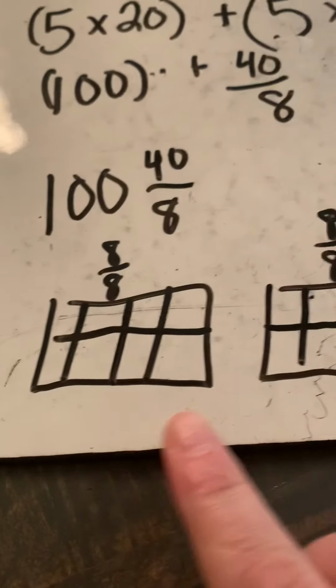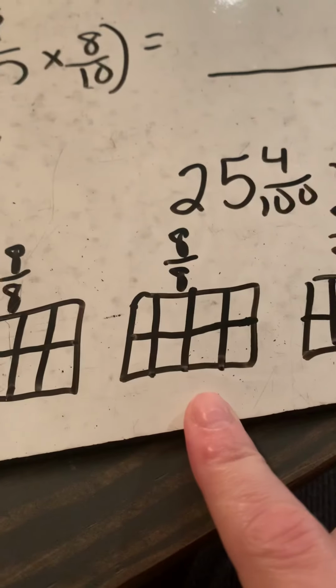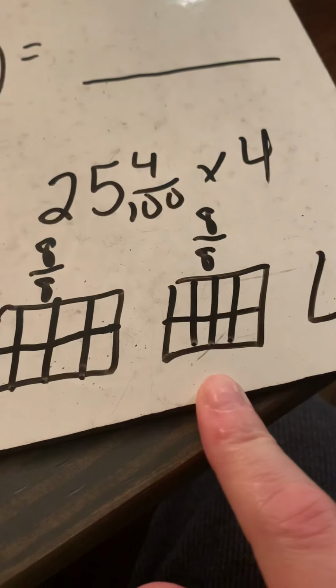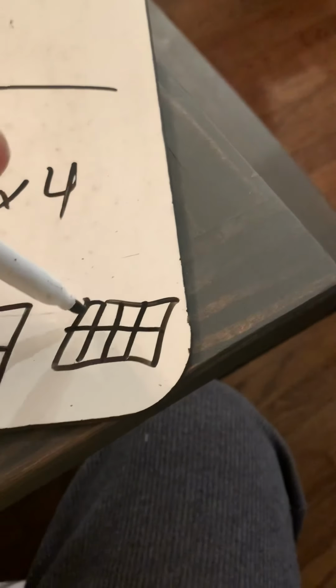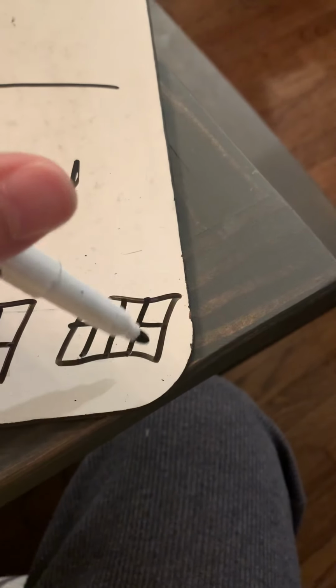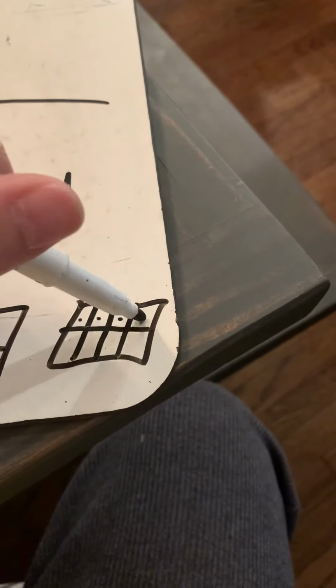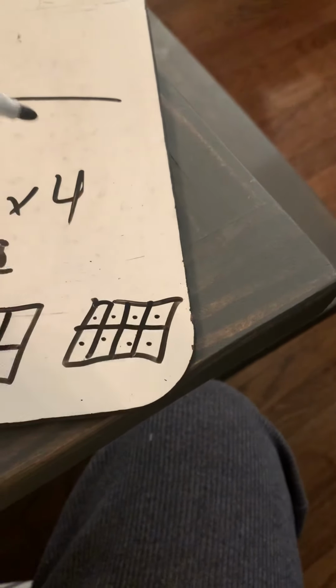So 8, 16, 24, 32. We need to get up to 40. 32, 33, 34, 35, 36, 37, 38, 39, 40.